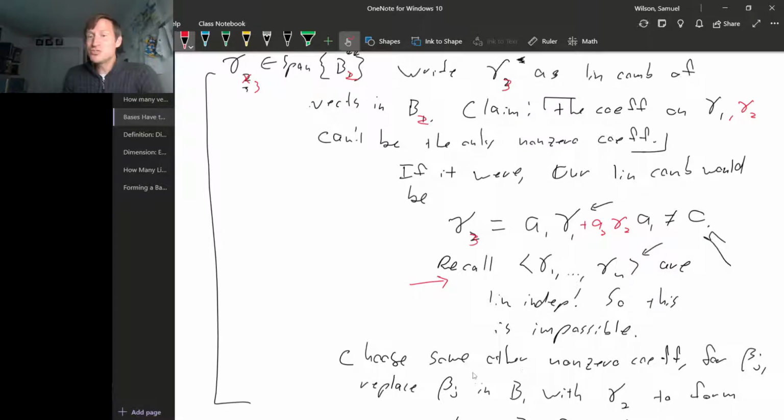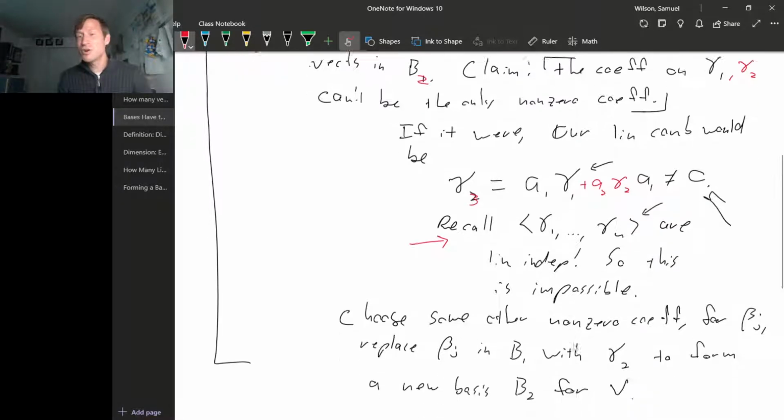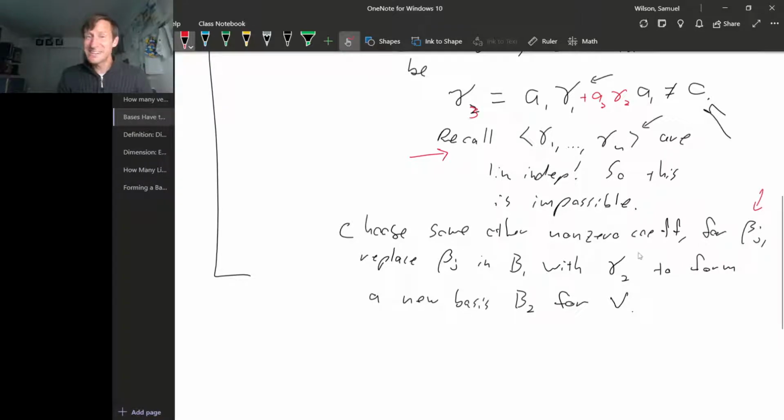And so we can choose a non-zero coefficient on one of the betas in B2 and replace that beta with gamma 3, and this forms a new basis B3 for V, because this is the exchange theorem again.